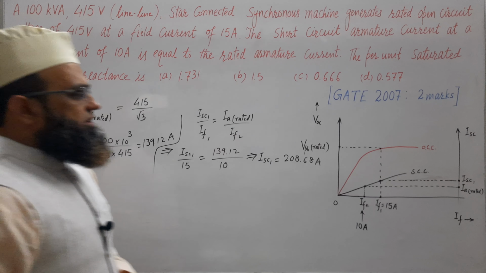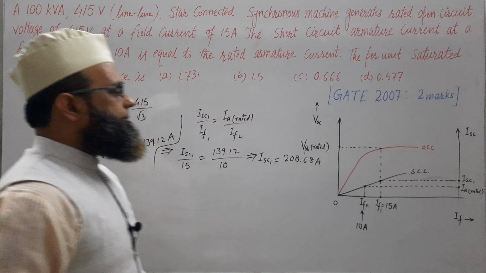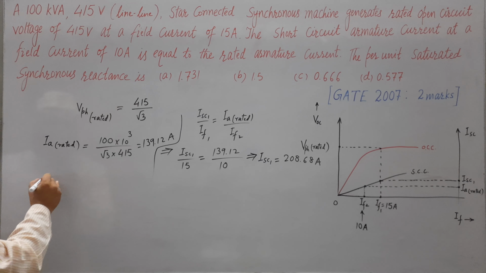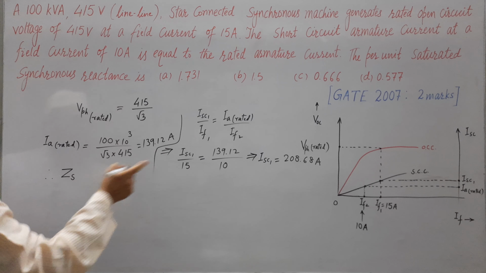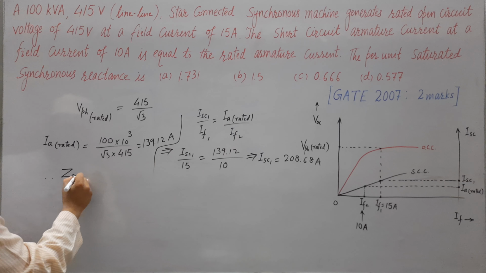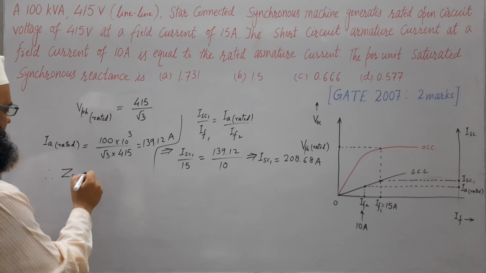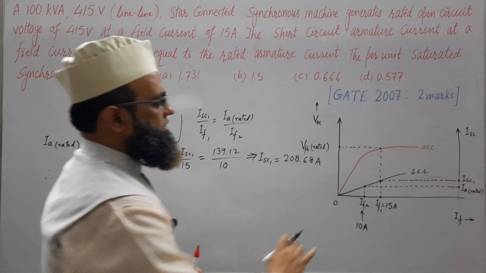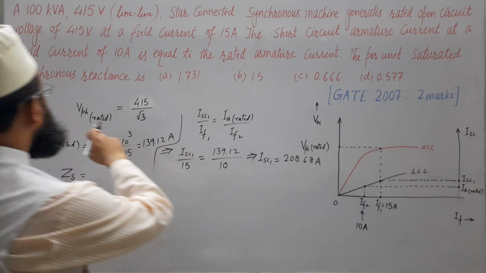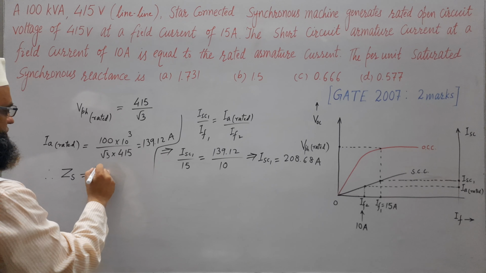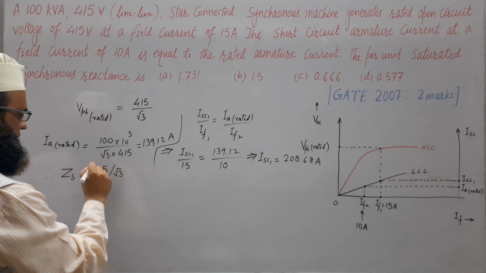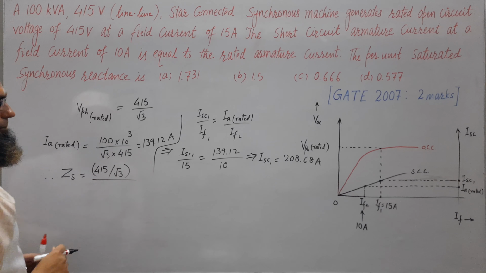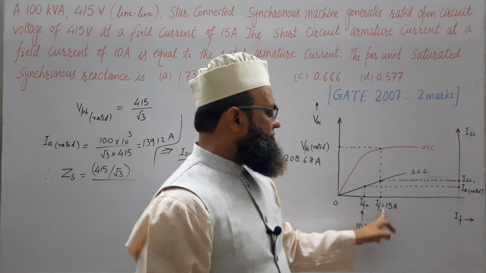Now once ISC1 is evaluated, the saturated synchronous impedance may be evaluated as open circuit voltage, which per phase is 415 upon root 3, upon ISC1 at the same field current.